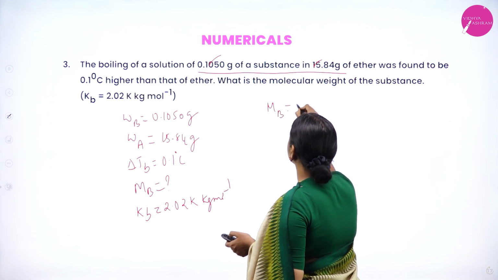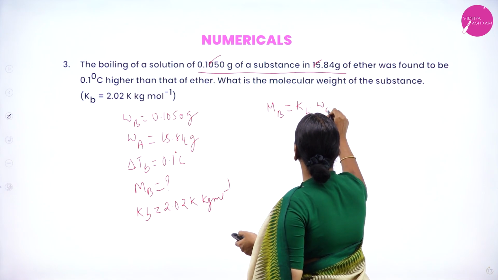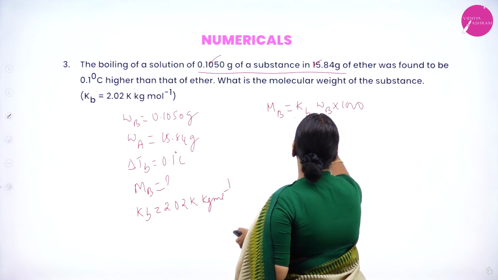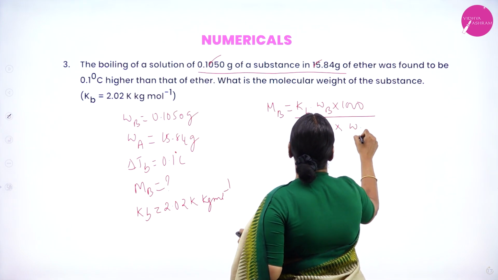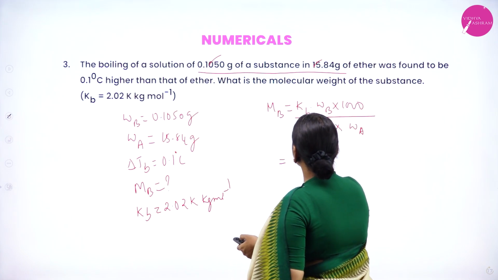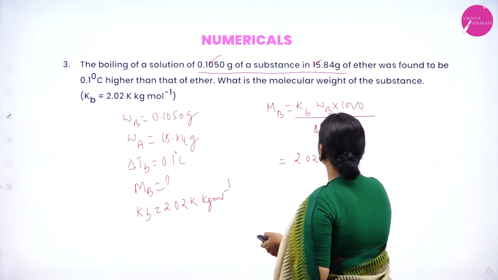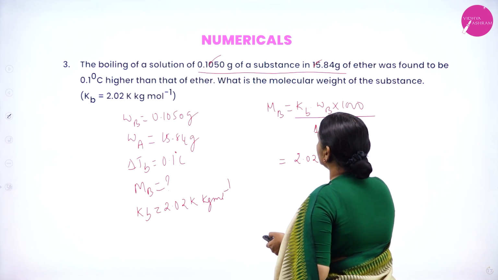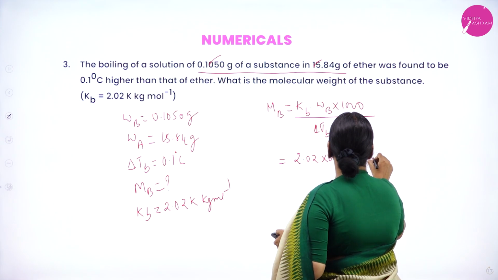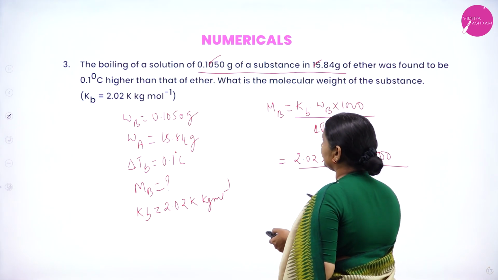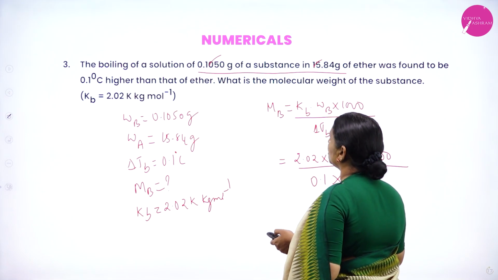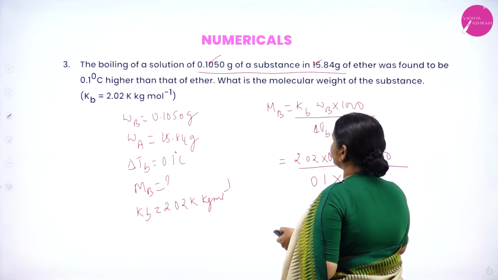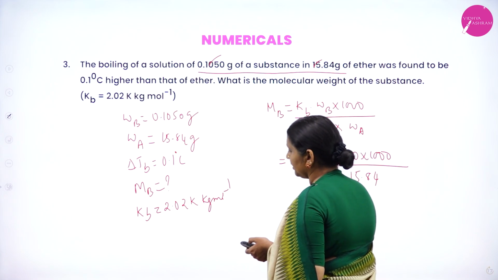What is MB? MB is equal to KB into WB into 1000 divided by delta TB into WA. KB is 2.02, WB is 0.1050 into 1000, divided by delta TB, which is 0.1, into WA, which is 15.84.